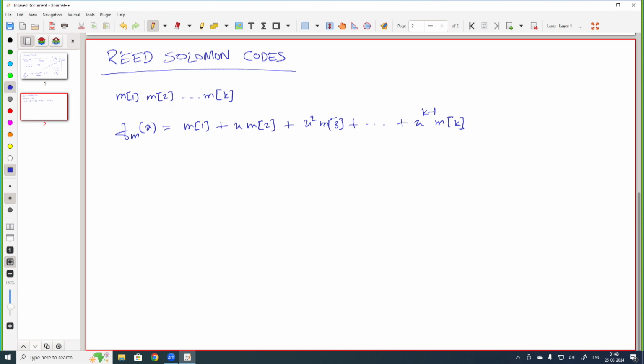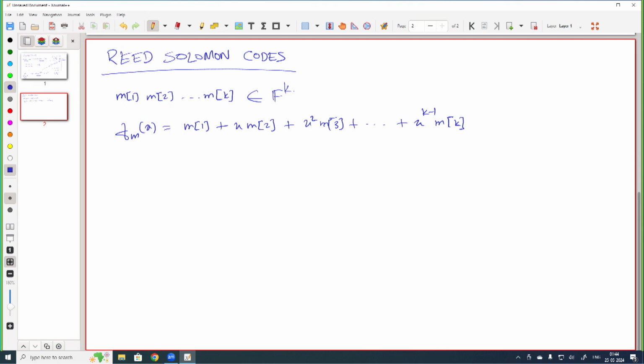Recall that these messages are all part of some vector space with some base field F. So, I can think of this as a polynomial whose coefficients are from that base field, and it is a polynomial of degree k minus 1.